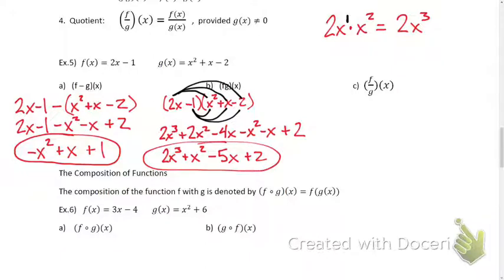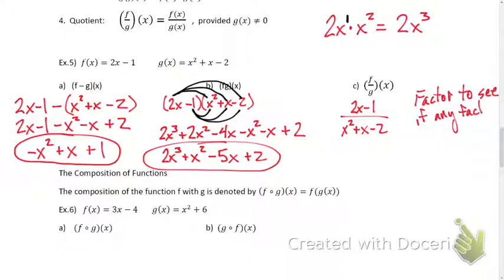For part C, you want to start by writing your fraction. So f goes up top and g on the bottom. And in a situation like this, I need to factor to see if any factors cancel.